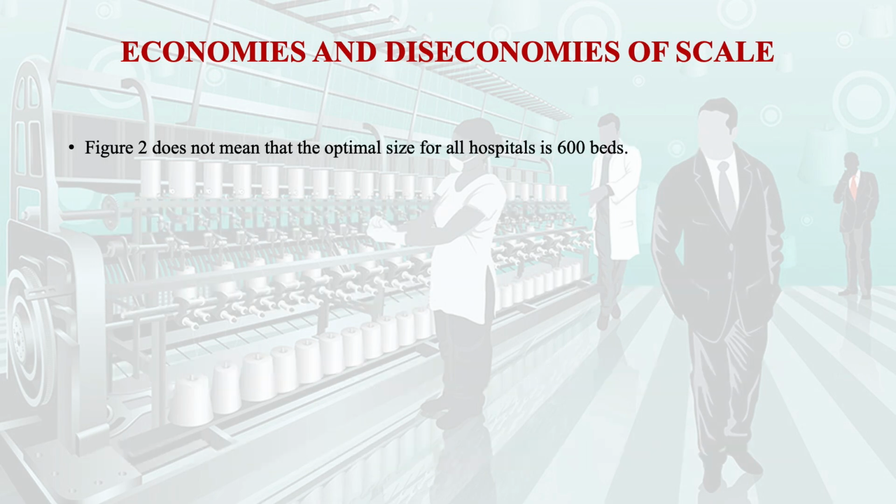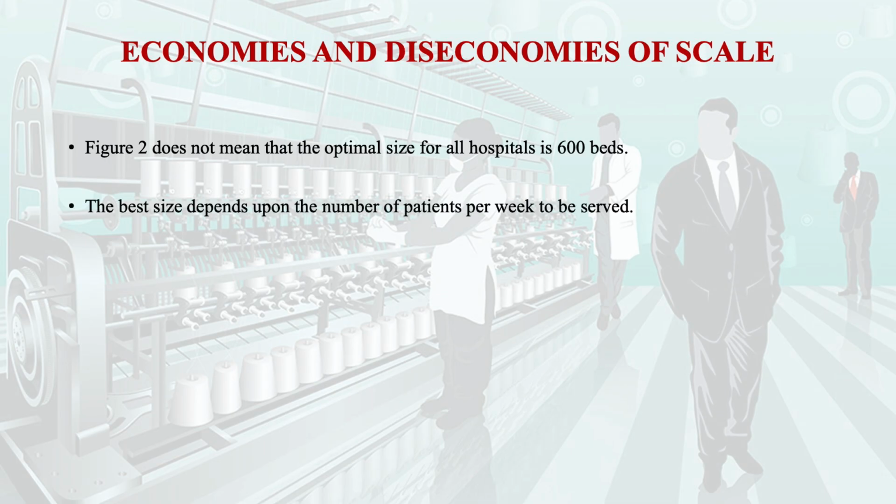If you just recall the figure of economies and diseconomies of scale, it does not say that the optimal size for the hospital is 600 beds. The best size depends on the number of patients per week to be served.